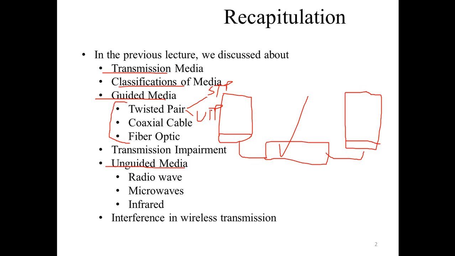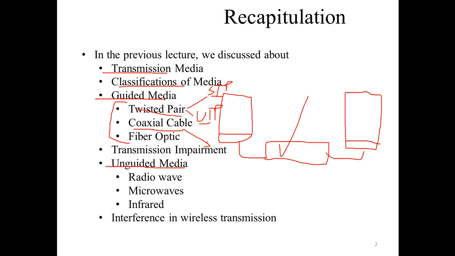We also discussed these two types, and there are several specifications that we discussed in the last class. After that, we went into the detail of the coaxial cable. We discussed how this coaxial cable is much more efficient as compared to the twisted pair cable, and how the performance of this coaxial cable gets improved.